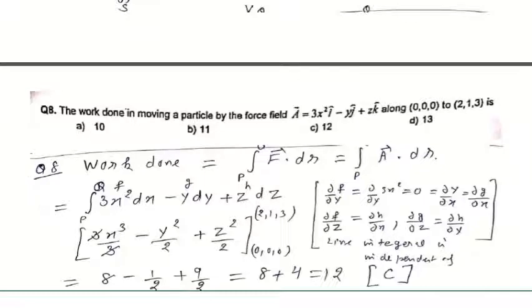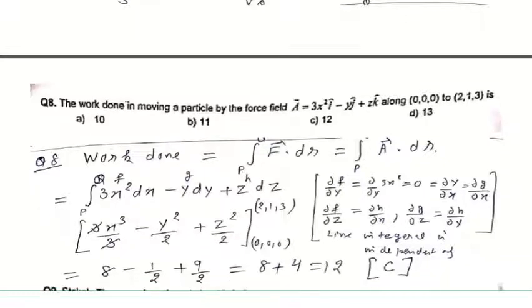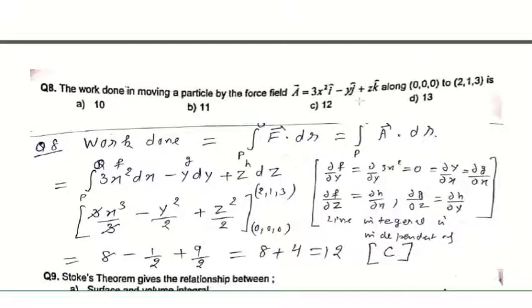Now you are asked to calculate the work done by the force along the path from 0, 0, 0 to 2, 1, 3. We know the formula of work done is force into displacement.